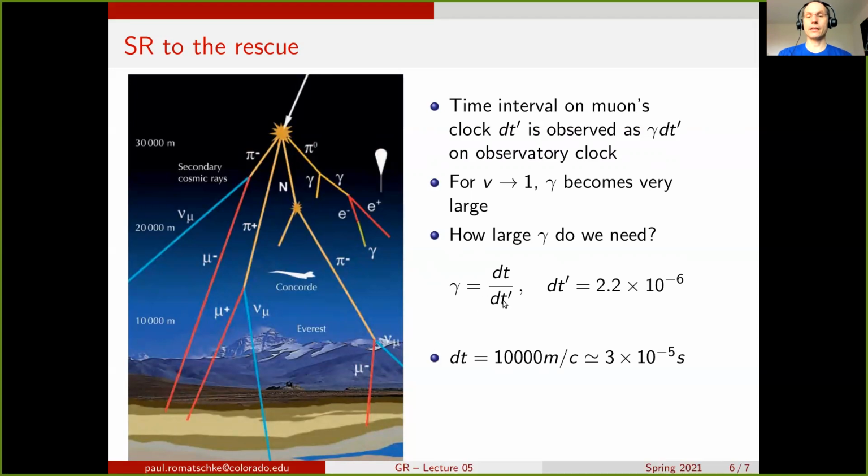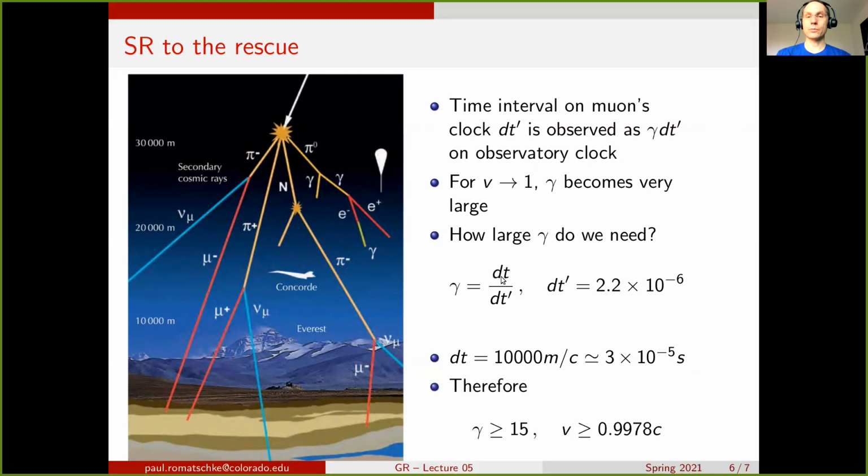The only other thing we need is the time that we have to observe these muons, which is given by the distance that they have to travel divided by the speed at which they travel, which we can again approximate as the speed of light. So we have 10 kilometers divided by the speed of light, which is about 3 times 10 to the minus 5 seconds.